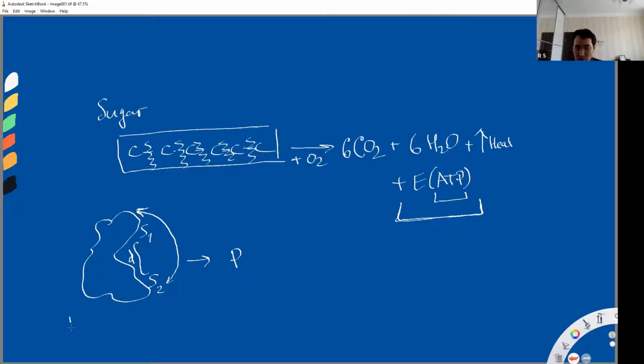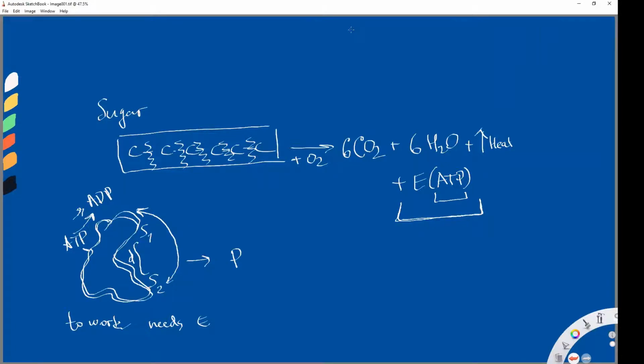And to work, every enzyme needs energy, and it takes it from ATP. So this ATP converts to ADP, but the energy stored in one of these bonds is given to this enzyme. So it performs its job.